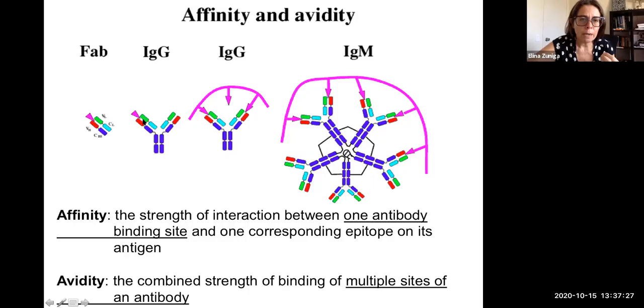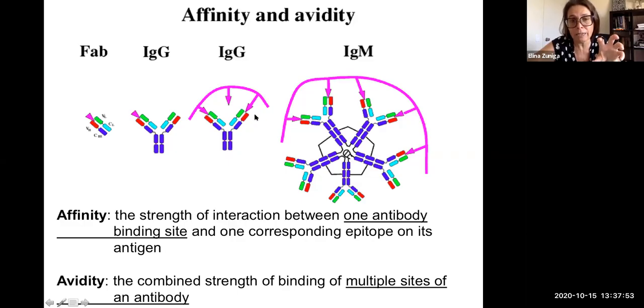Now, the avidity is the combined strength of binding of multiple sites of an antibody. For example, IgG, which is always monomeric, will have 2 antigen binding sites. So its avidity is the combined strength of the 2 antigen binding sites.